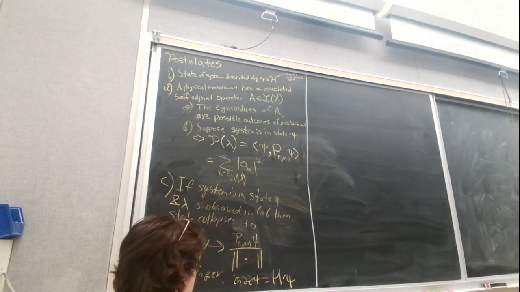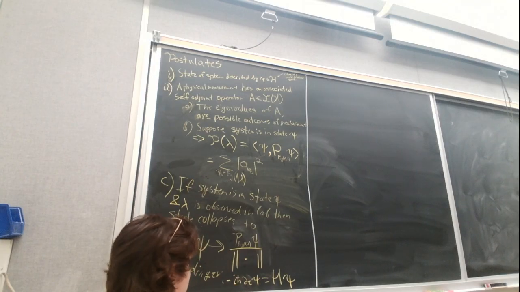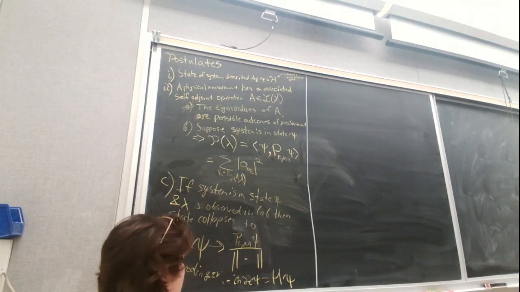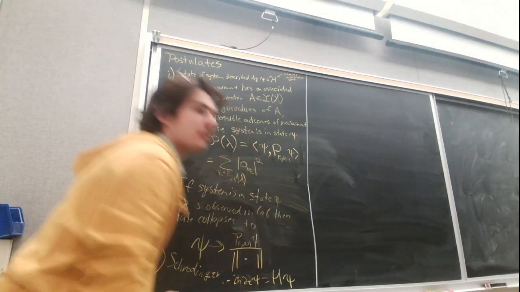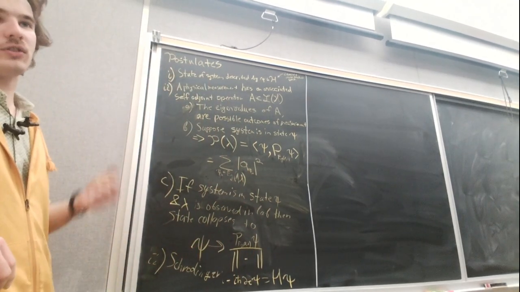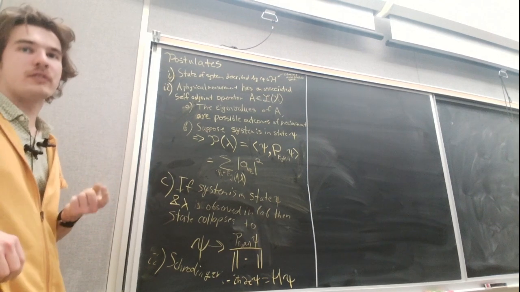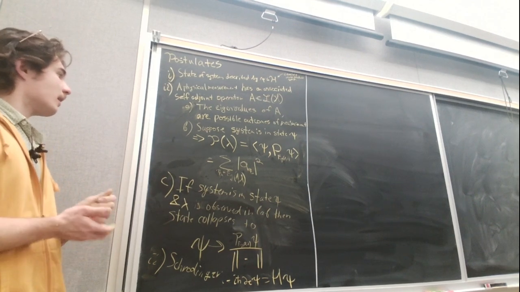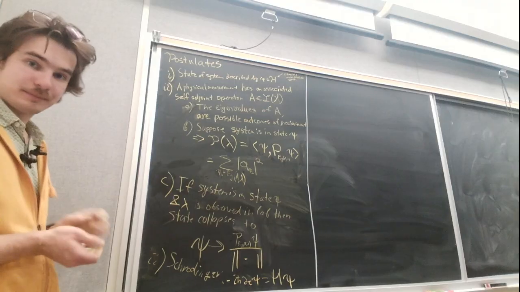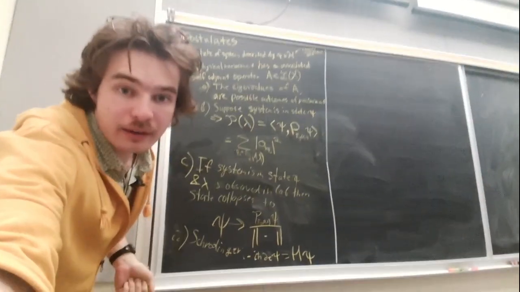Is that right? Or do I have a minus here? I think I have a minus here, or the other way around. Something like this. You have some equation which tells you how the state should evolve in time. Okay, good.